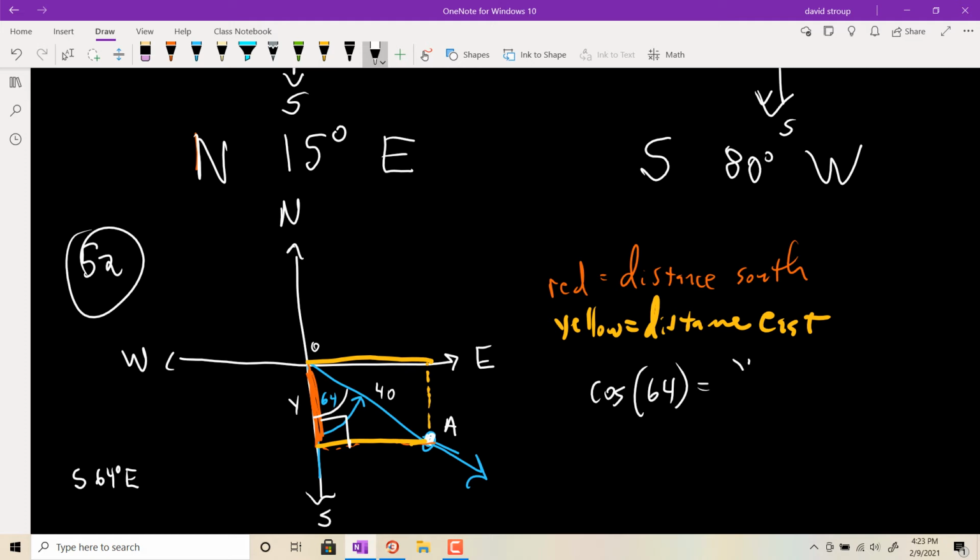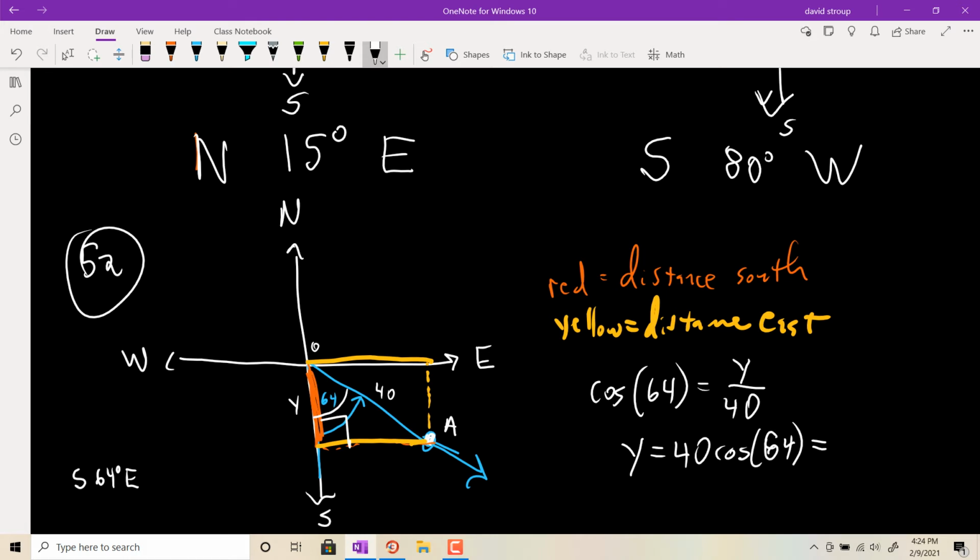So it's the adjacent over the hypotenuse, which is 40. So we can solve for y by multiplying both sides by 40, and you get the red distance, which is the distance south. So put that in your calculator: 40 times cosine of 64.